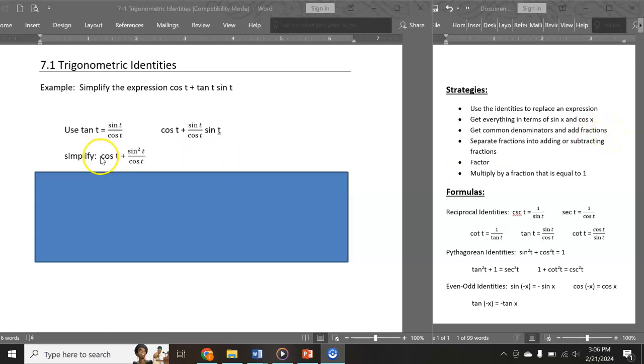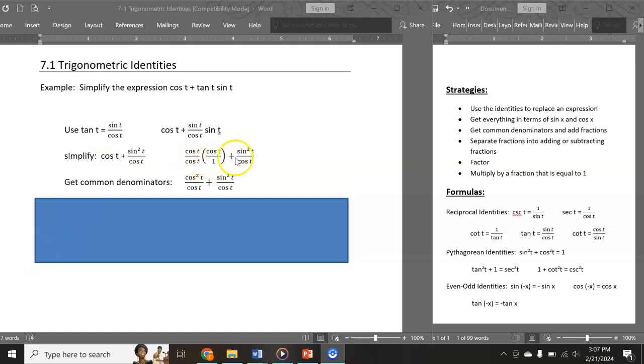In order to do that, this cosine t needs to be multiplied by a fraction that is equal to 1. So I'm going to multiply by cosine over cosine on that 1. So here's my multiplication. Cosine t over cosine t times cosine t over 1.